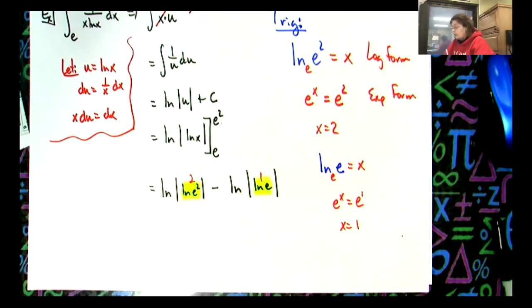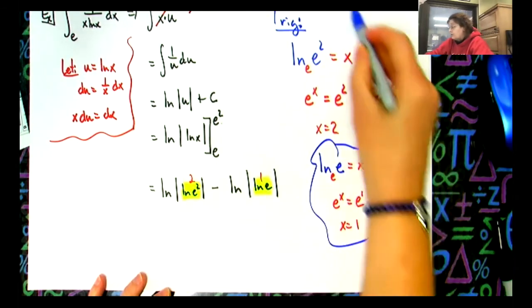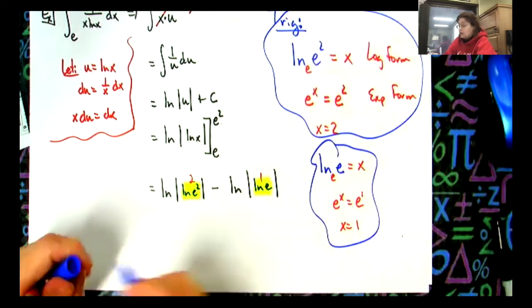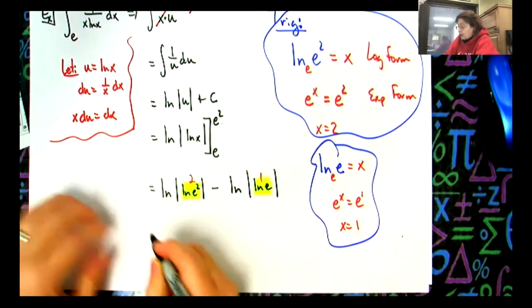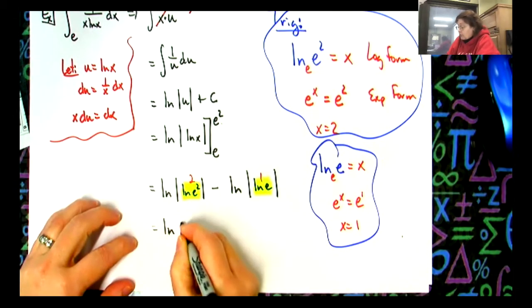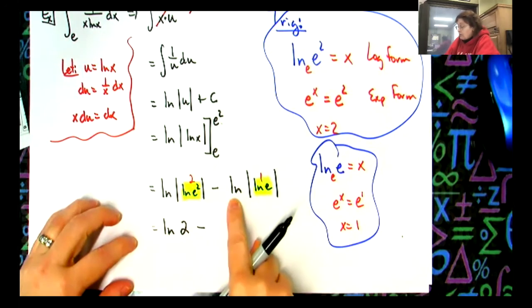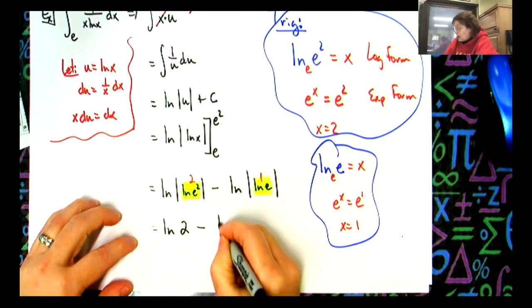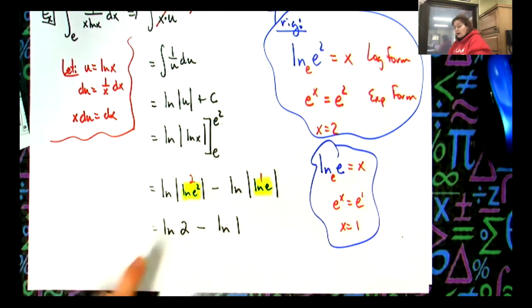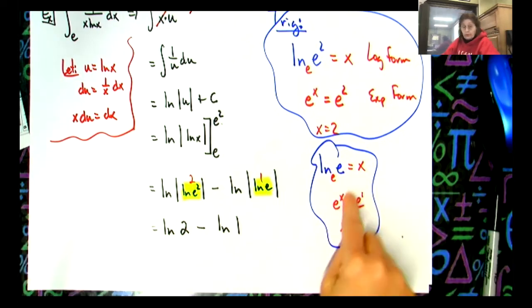All right, so then there was that, and then there's this. What do I have here? I'm going to have natural log of 2 minus the natural log of 1. Now natural log of 2 we can't do, but natural log of 1 we've done enough. If not, let's do it just like we did all of these.